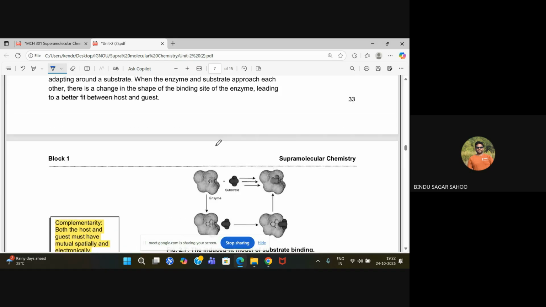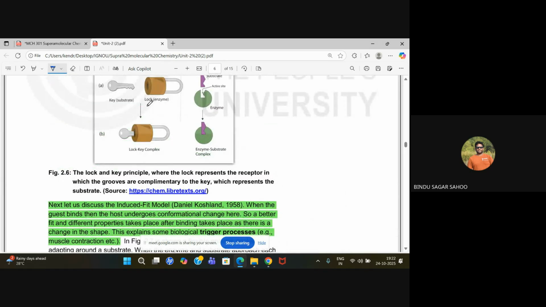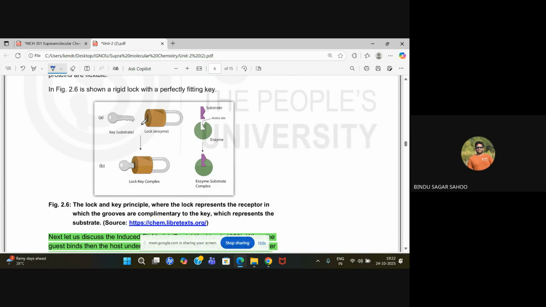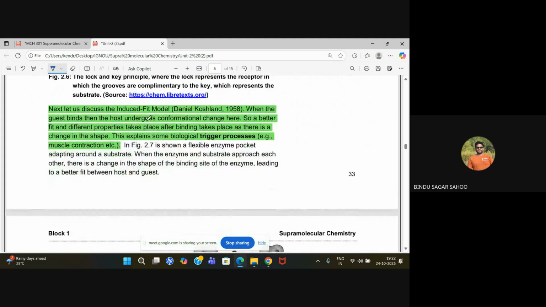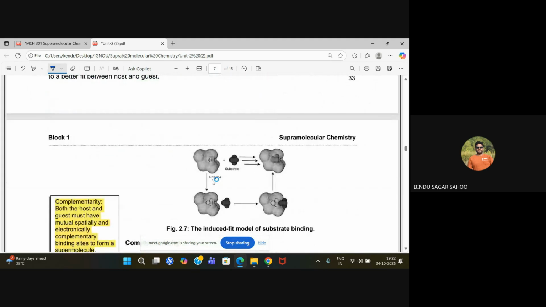So the upper one is the lock and key model. That means before the interaction with the substrate, the enzyme exactly provides the proper cavity size for the substrate to interact with. This is the exact cavity size, and the substrate will fit into it. But in the induced fit model, after the interaction of the substrate with the enzyme, they make some conformational change.